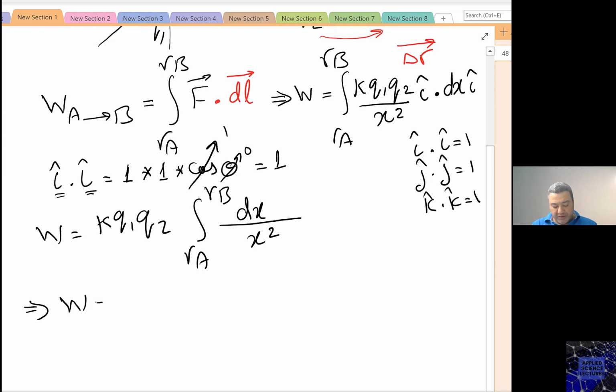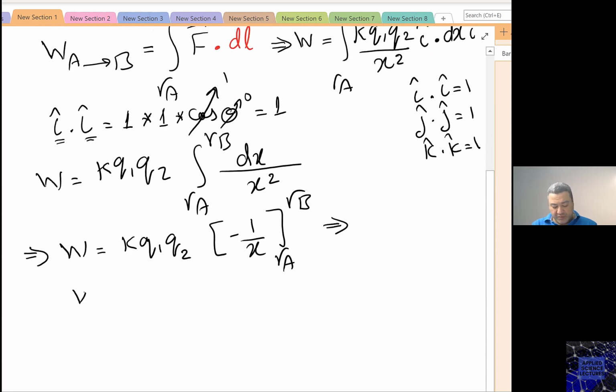Then W is K Q1 Q2 times minus 1 over x from RA to RB, and now the work is K Q1 Q2, substitute and rearrange, becomes 1 over RA minus 1 over RB.